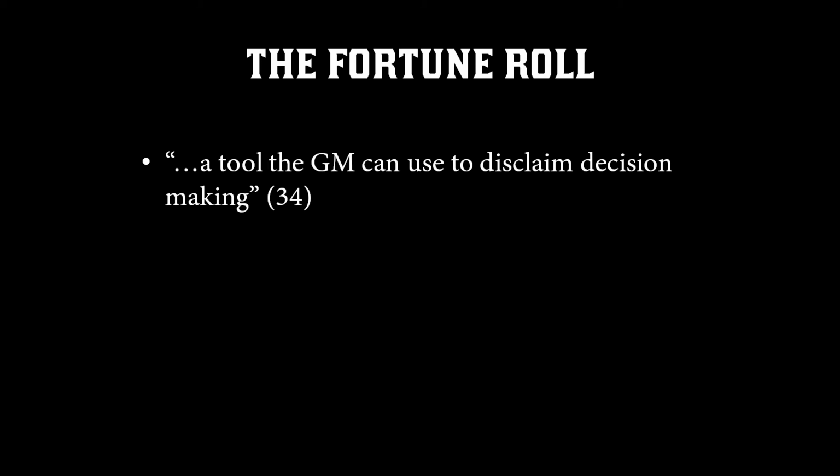Basically, to use a randomization element in order to decide what happens next, rather than make it a matter of personal decision. And this is a thing that happens sometimes in real life.